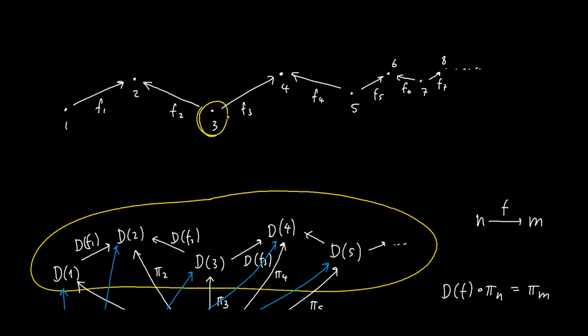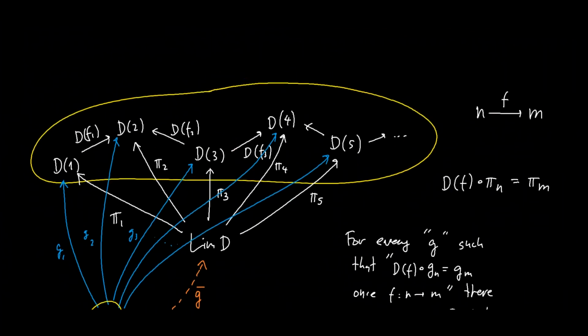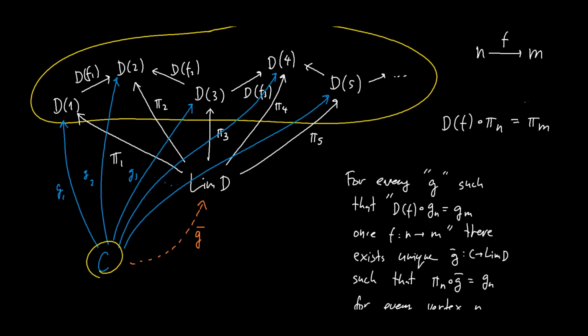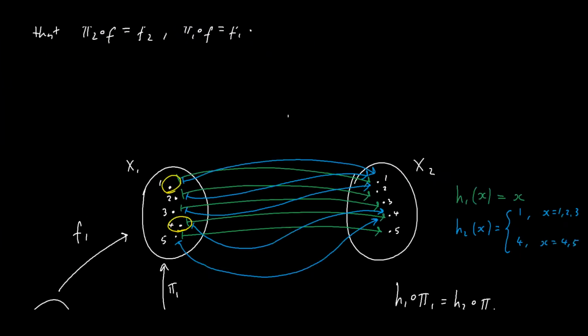So for each vertex of the graph, there will be one blue arrow going from that fixed object to the corresponding object in the category, in such a way that certain triangles commute, namely these ones. So this triangle commutes, that triangle commutes, and for every arrow in the graph, we have one commuting triangle.